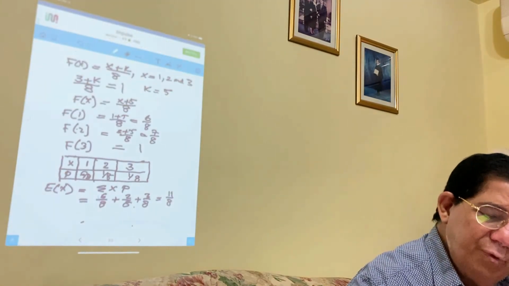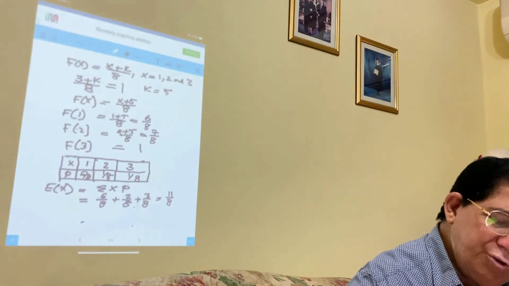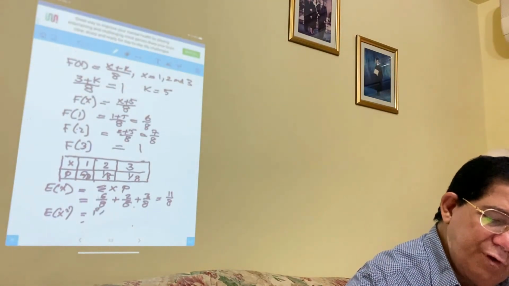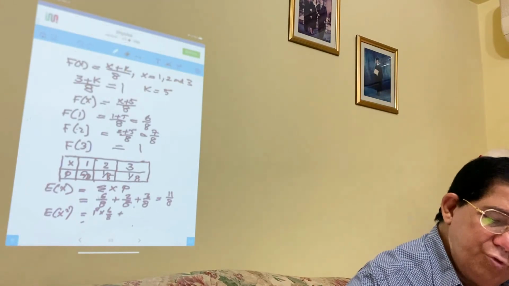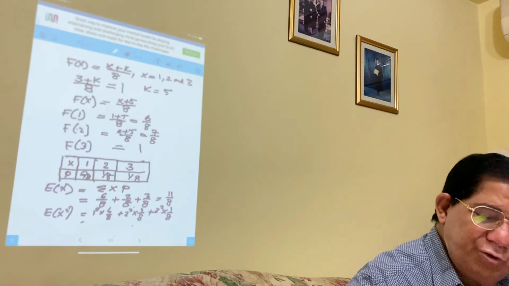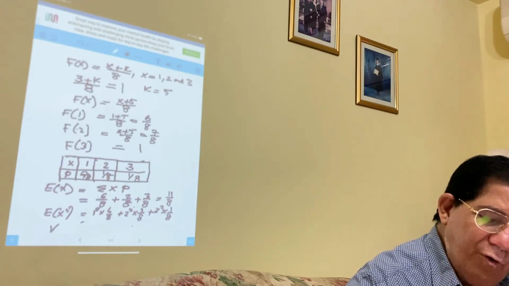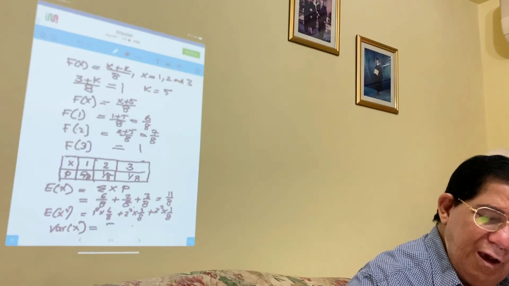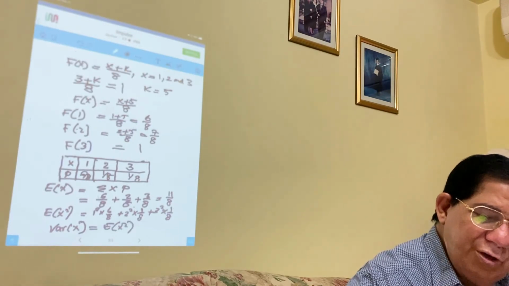And the same thing, we can get the expectation of x squared. It is 1 squared times 6 over 8 plus 2 squared times 1 over 8 plus 3 squared times 1 over 8. After we get the value of E(x squared), we can get the variance of x as E(x squared) minus (E(x)) whole squared.